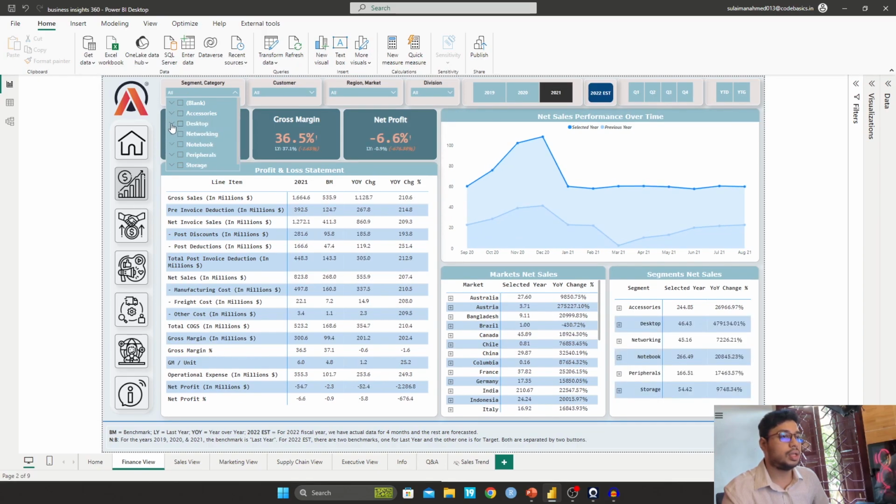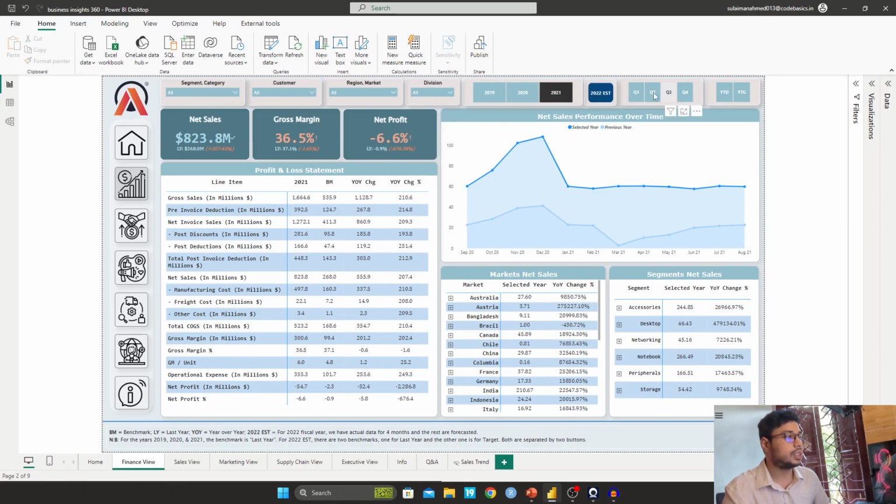Similarly, desktop has two categories: business laptops and personal desktops. Similarly there are customers, region, markets, and divisions. Divisions are like NNS, which means network and sales, PNA, which I think means peripherals and accessories, and PC, which means personal computers.